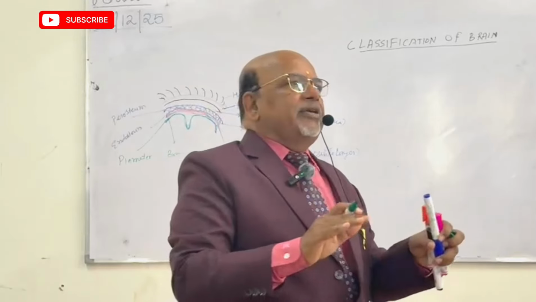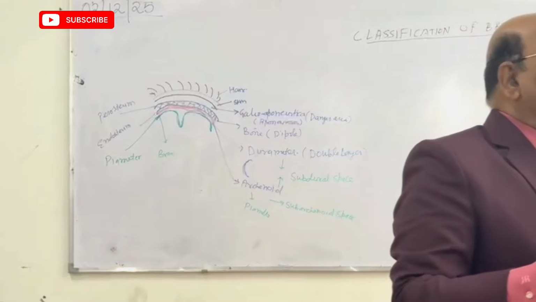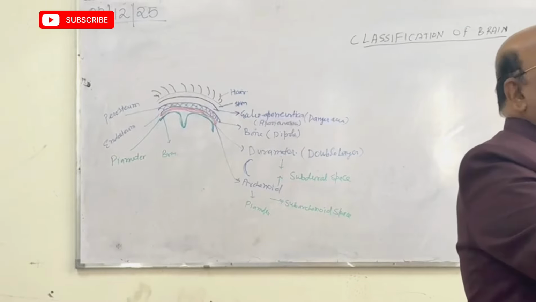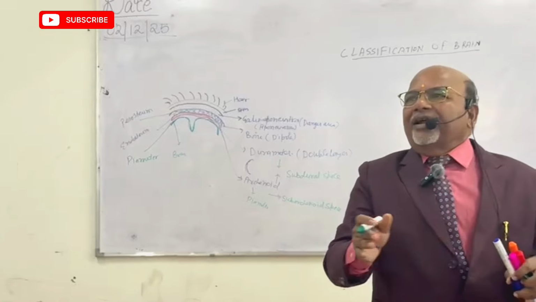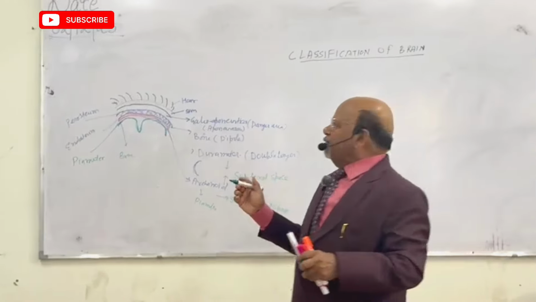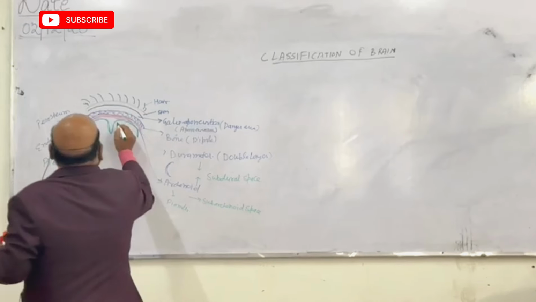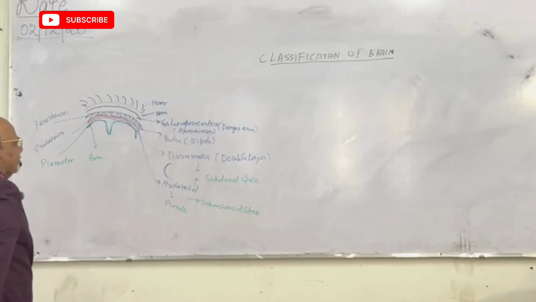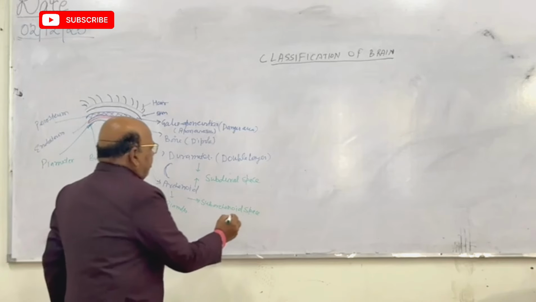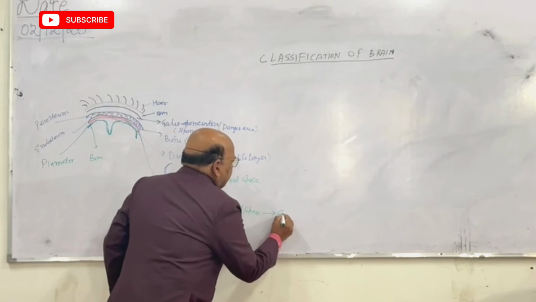It has sulcus and gyri, and the pia also goes inside like that. The subarachnoid space has the CSF.